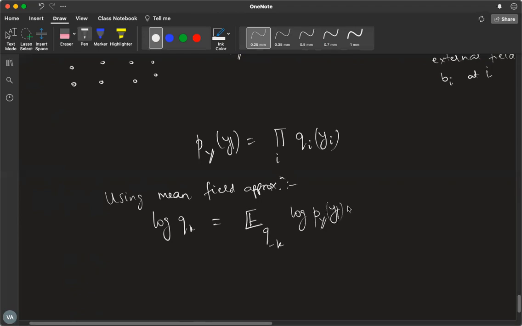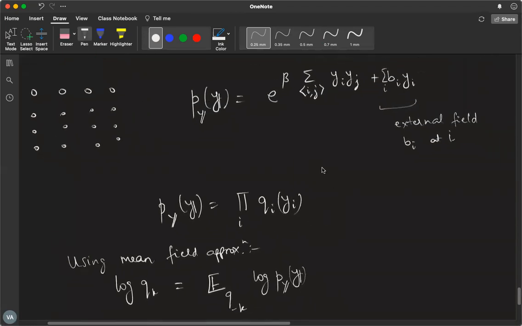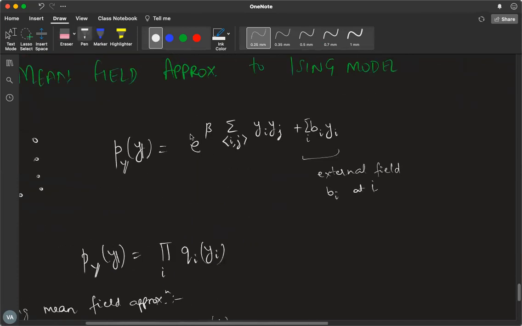Let us plug in the values: expected value of q minus k of log of py. What is py? Py is this. So log of py is, okay, easy to handle here because it's an exponential thing. So log and exponential go away.